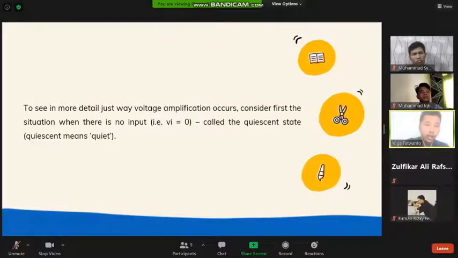To see in more detail the way voltage amplification occurs, consider first the situation when there is no input, Vi equal to 0, called the quiescent state. Quiescent means quiet. Next, please.